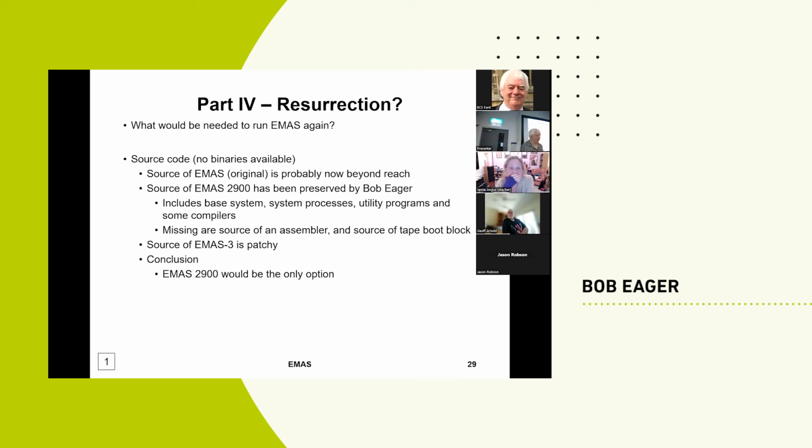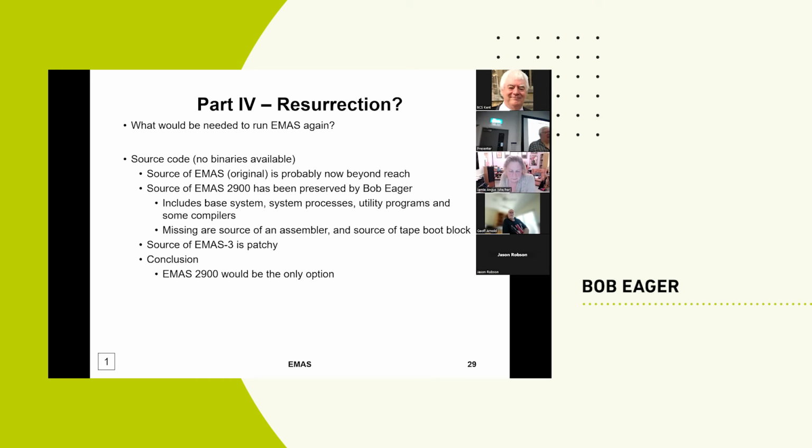If you wanted to resurrect EMAS, and I actually started thinking about this back in the late 1980s, perhaps I'd run it on something like a PS2 because it's well documented hardware. You need the source code. There are no binaries available of anything to do with EMAS because they didn't survive the multiple systems it's been through.